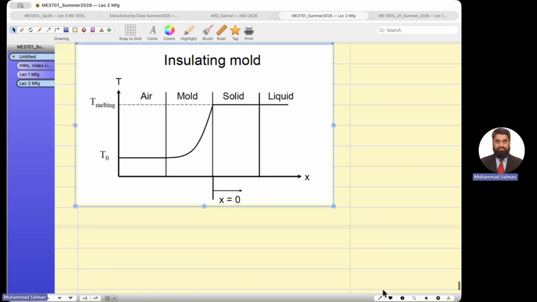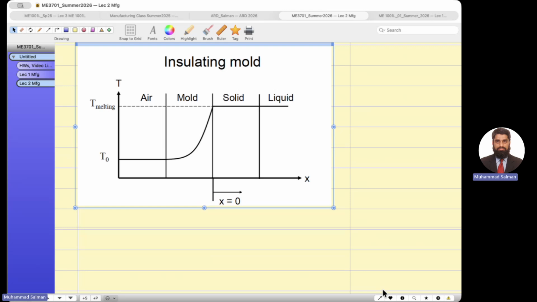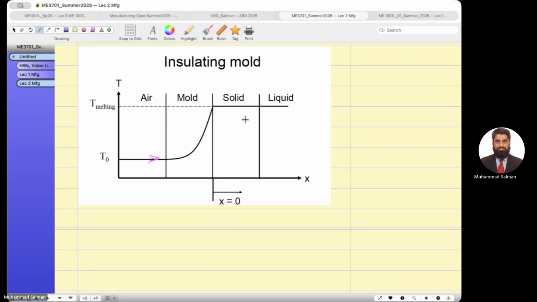Please draw this diagram. This diagram is telling us that the temperature of the molten metal increases. So imagine you have a sand mold, okay?